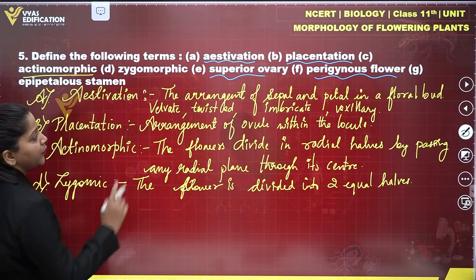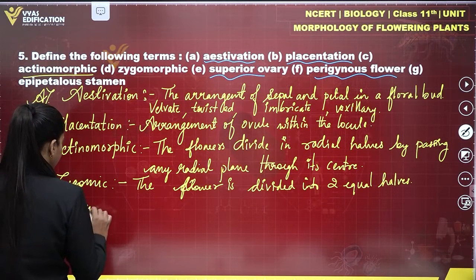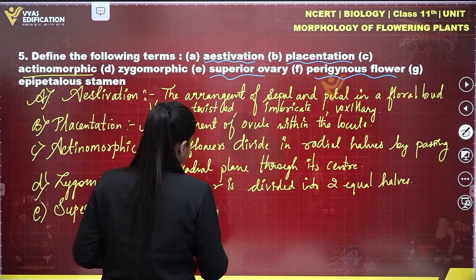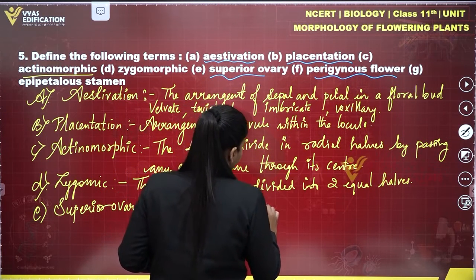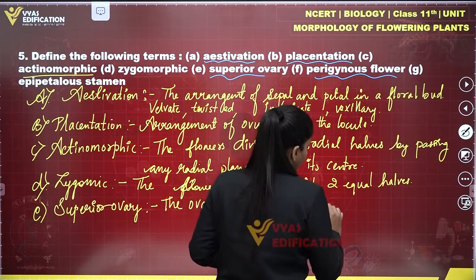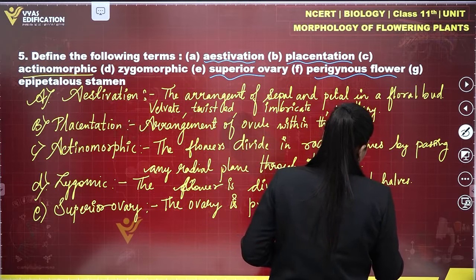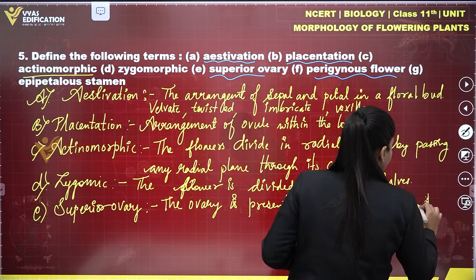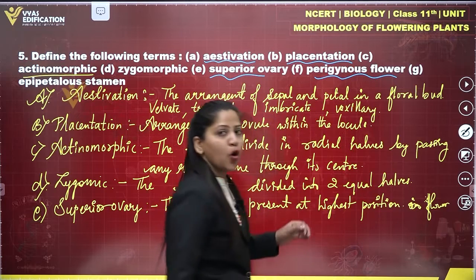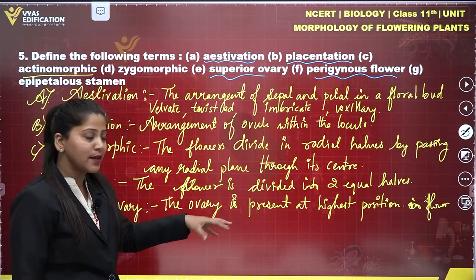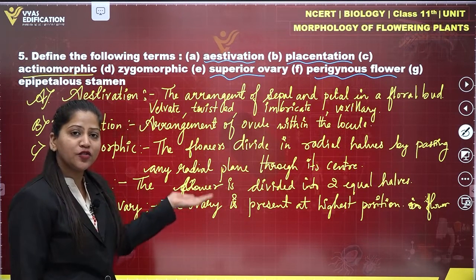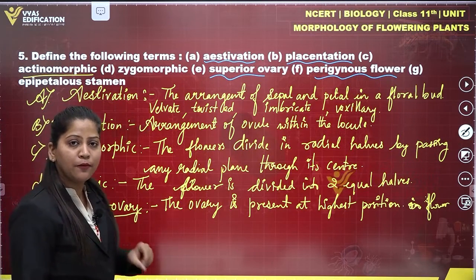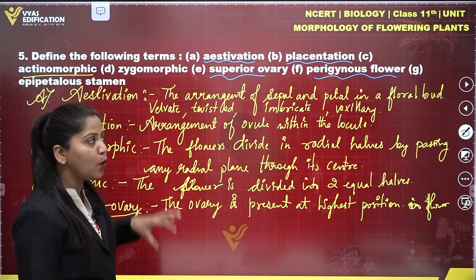Then we have to define the superior ovary. When the ovary is present at the highest position on thalamus in a flower, with respect to all other floral parts, which are situated just below the ovary, then the arrangement is said to be superior ovary, and the term for this kind of arrangement of ovary in a flower is hypogynous.